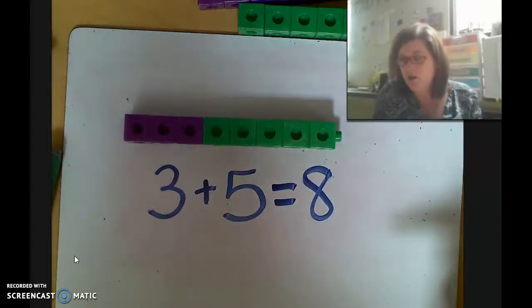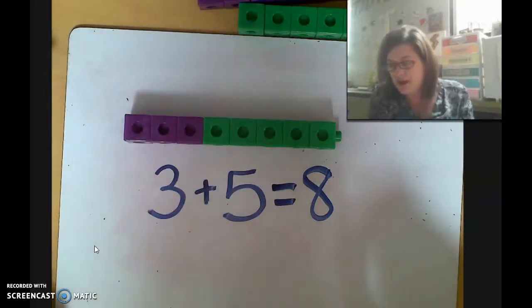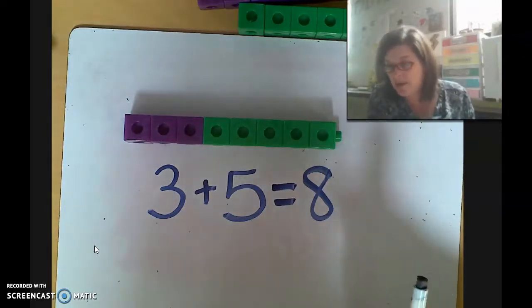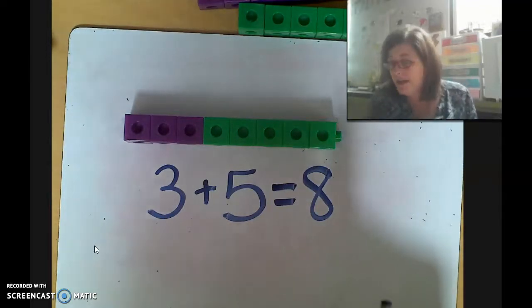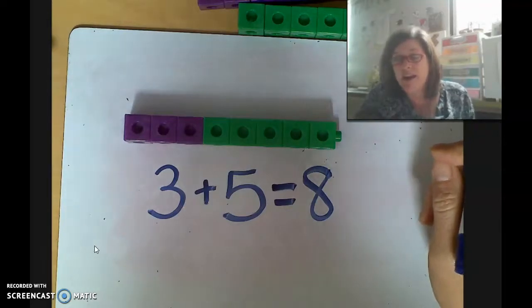Okay, so here's where the magic comes in. I'm going to show you the strategy that's called the commutative property of addition. Ooh, that's a mouthful, Mrs. Silkman. But basically what it means is that I can switch these numbers around and I'm still going to get the same sum. Are you ready for the magic?